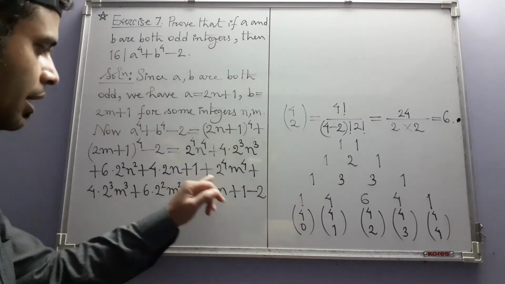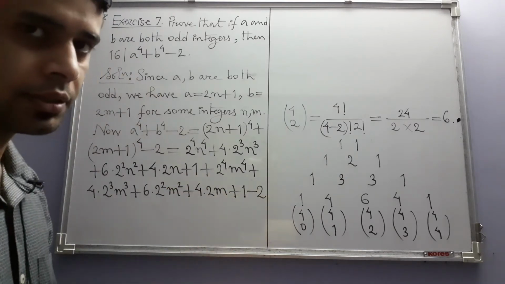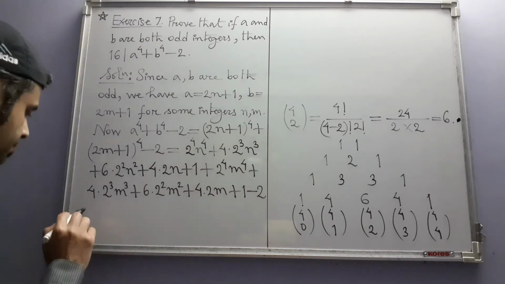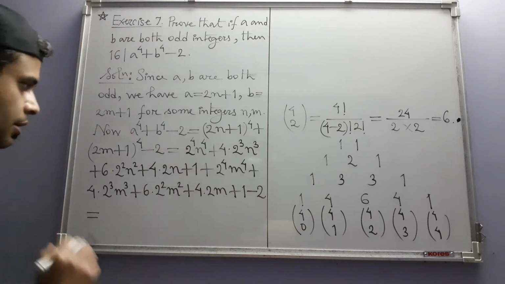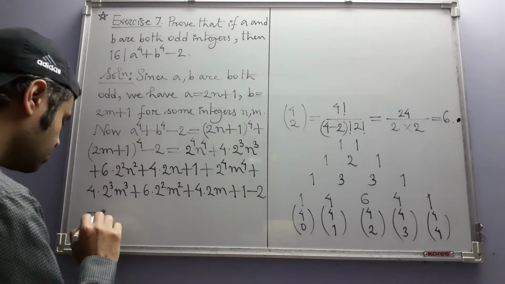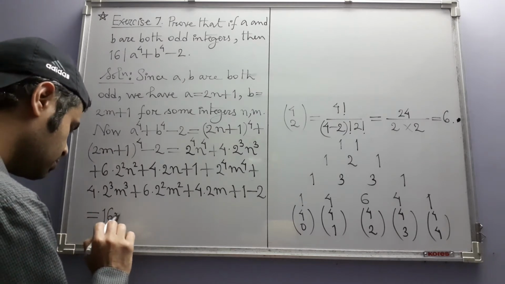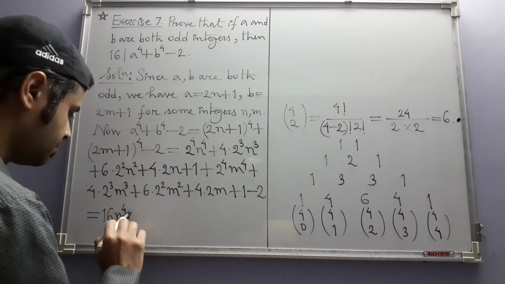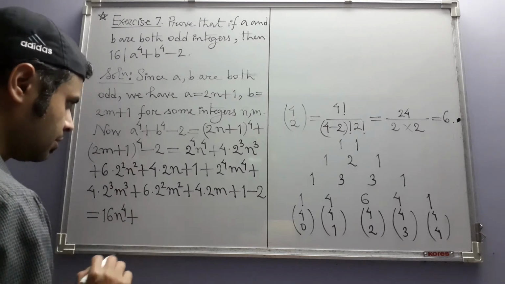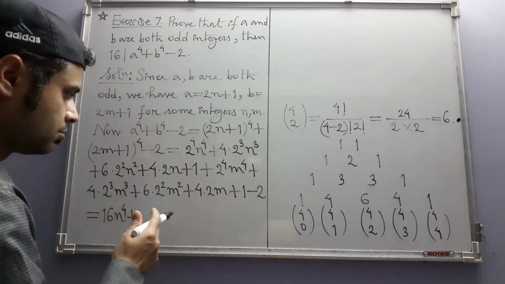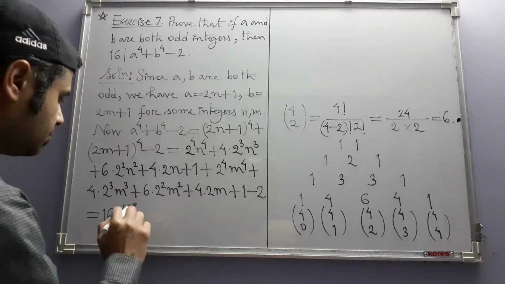So this 1, 1 and minus 2, they vanish, they give us 0. And what about the remaining things? 16n to the power 4 plus, let's write the similar powers together.